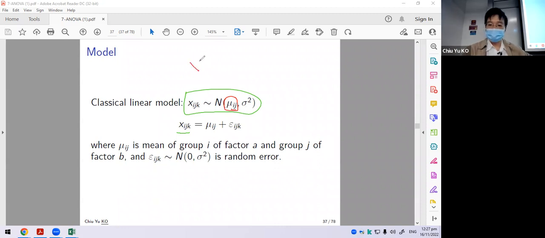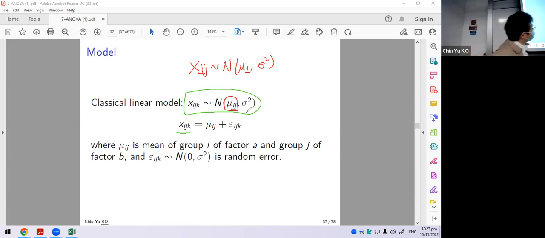If you remember what it was before, this is mu i, sigma squared, right? But now it's not dependent on just the group. The grouping is not just one. We have two ways of grouping. So that's why the bell shape looks like this. Is that clear? Okay.